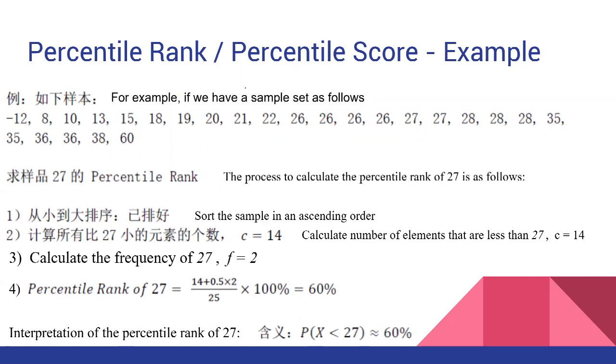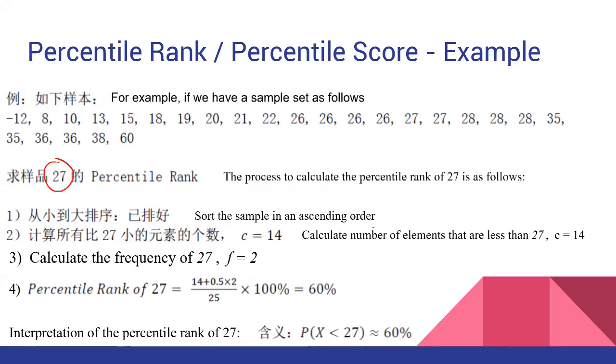Okay, let's see another example. Suppose we have a sample set as follows, which has already been sorted in ascending order, and it asks you to find the percentile rank of 27. So follow the process we have just discussed. First, sort the sample in ascending order.